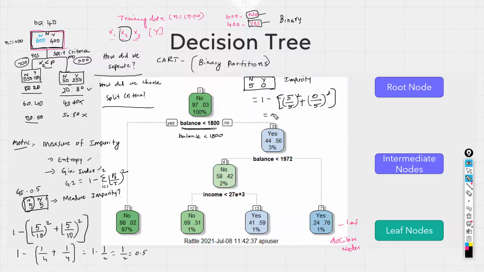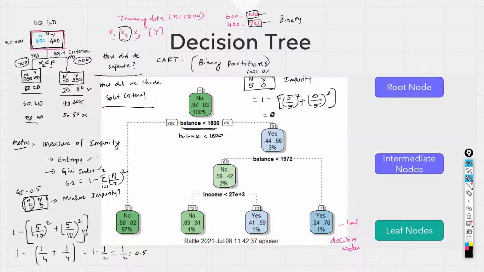So this is like 0. So it is a perfectly pure node. Why? 100% observations belong to no class and 0% observations belong to yes class. So that's why this is a perfectly pure node. For a perfectly pure node, Gini index will be 0.